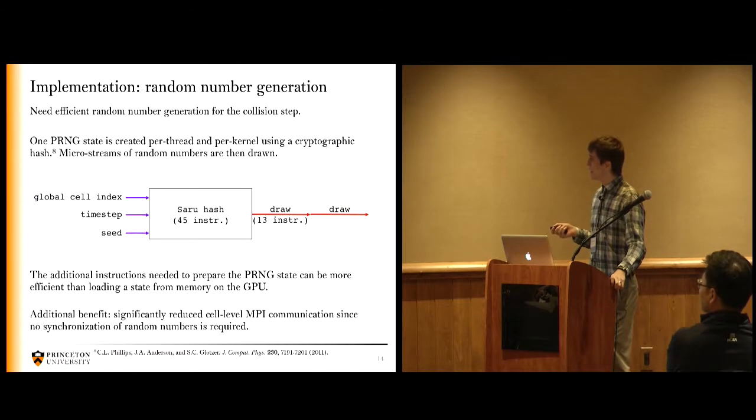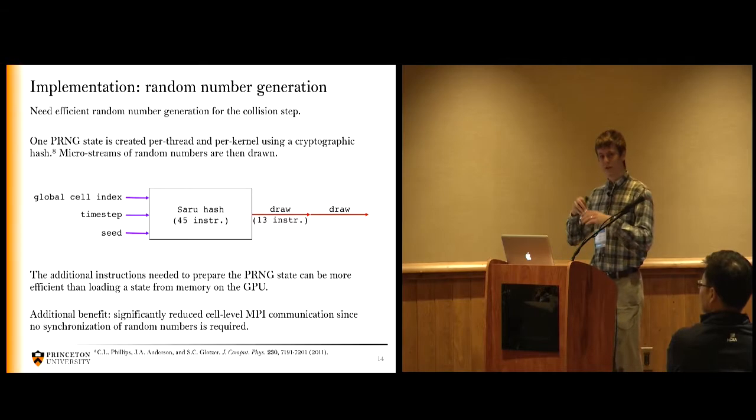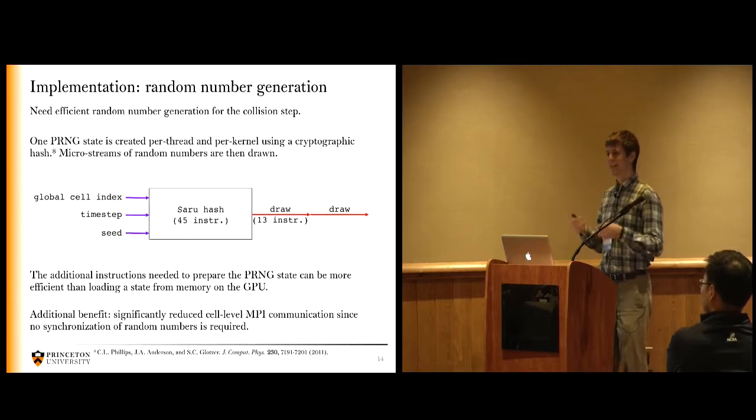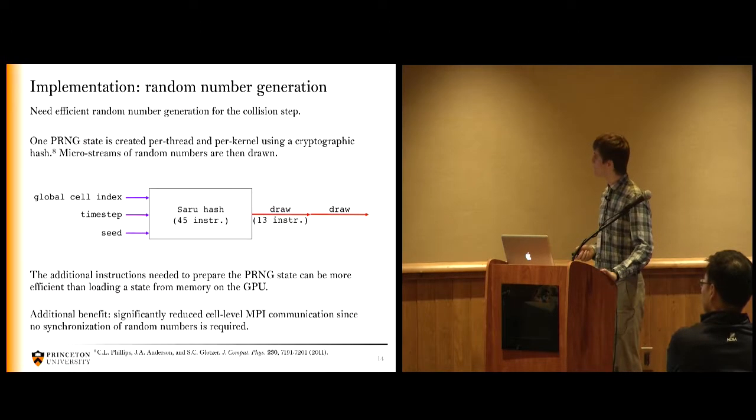On top of it, because I'm able to uniquely generate a random number state for each cell, I have no communication of random numbers required between different ranks. You could imagine that if different ranks drew numbers at the wrong time, you would have different random numbers that you need to synchronize. We eliminate that, and that is a nice performance boost as well.